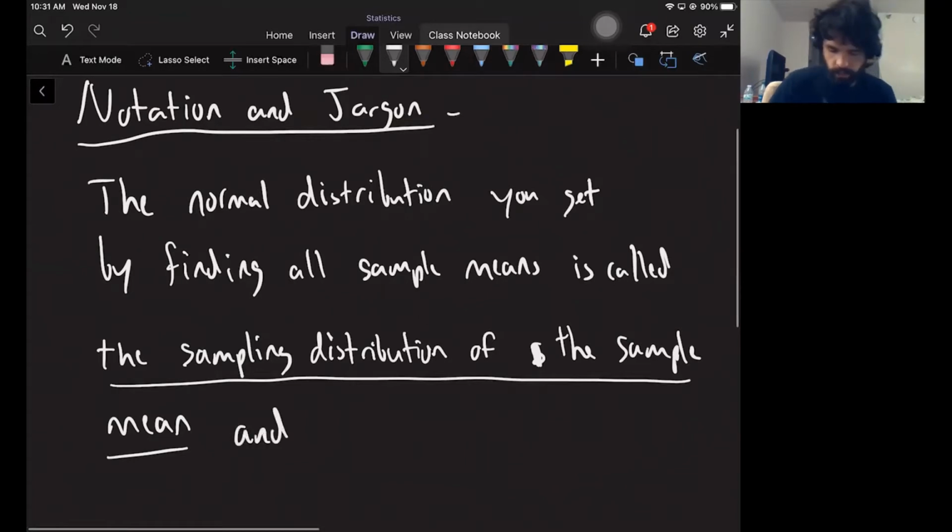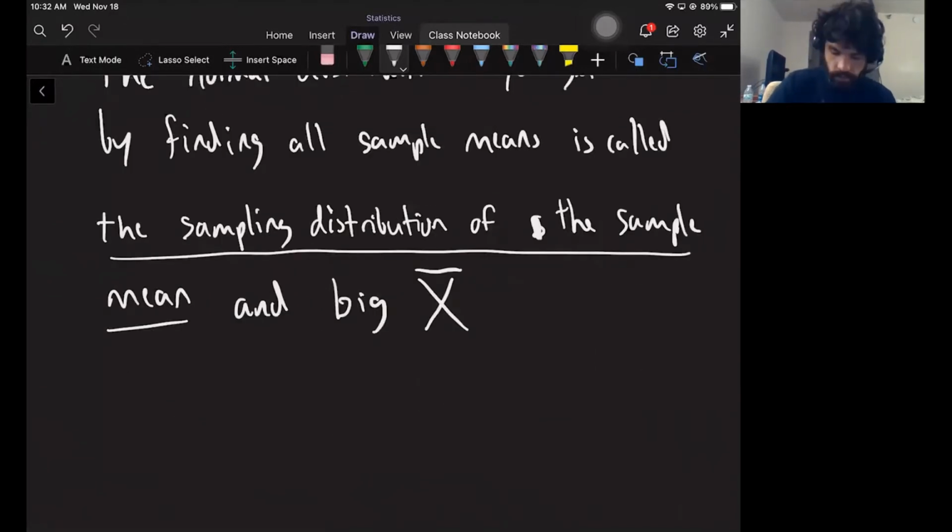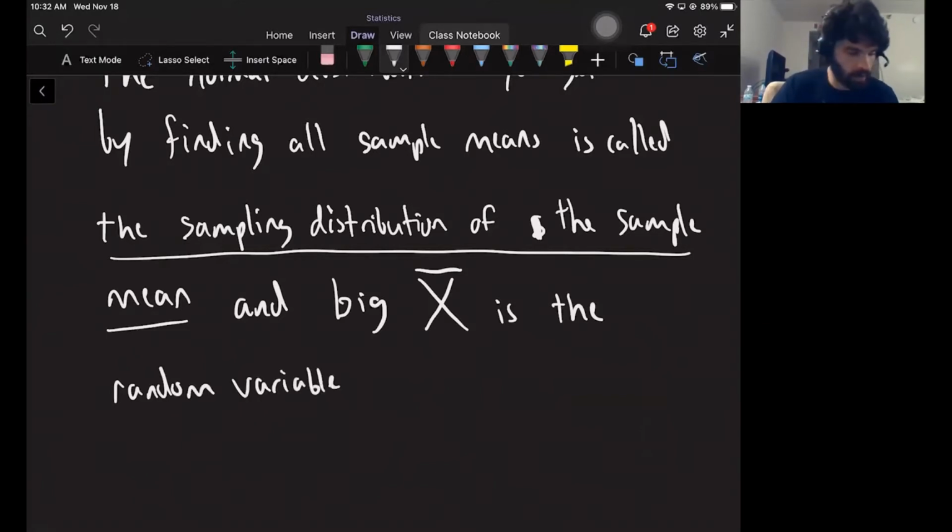And then we're going to use our big X, little x notation that we used a while ago. So big X with a bar on top of it is the random variable associated to this distribution. So don't worry so much about that right now.